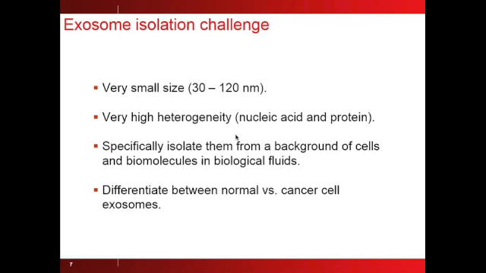So there's heterogeneity even among the exosomes generated by a single cell. A single cell will not generate the same exosome all the time. If you analyze the exosomes secreted by a cell, they will be heterogeneous. And if you analyze the population of exosomes secreted by a lot of cells, you have even higher heterogeneity.